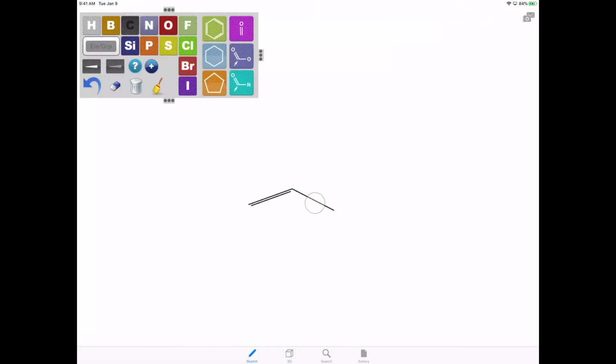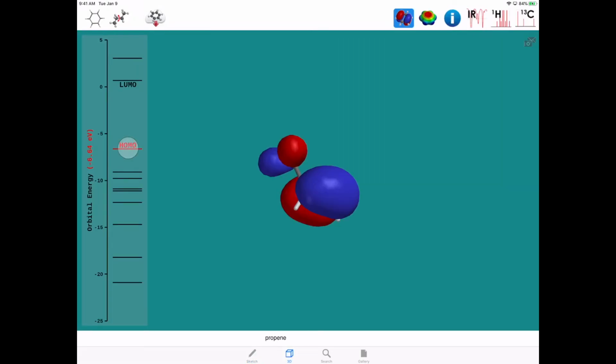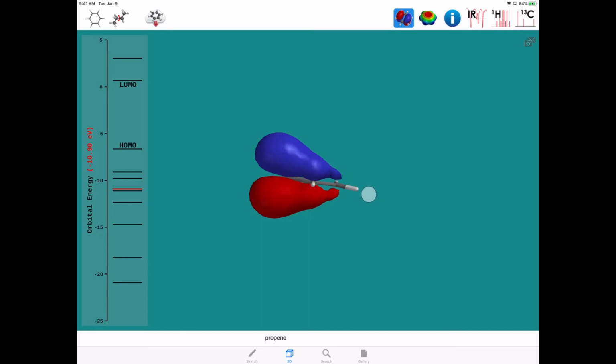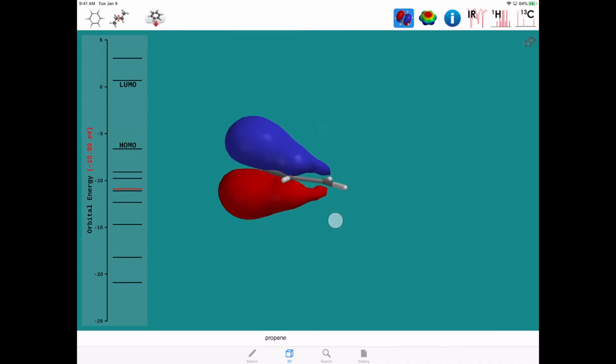Let's just add a methyl group and see what that does to our energies. The HOMO goes up in energy, but there are other orbitals that are moving down in energy. In particular, this one. This is the orbital that looks like it would be the carbon.